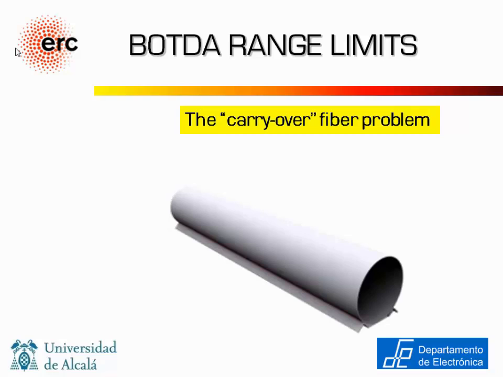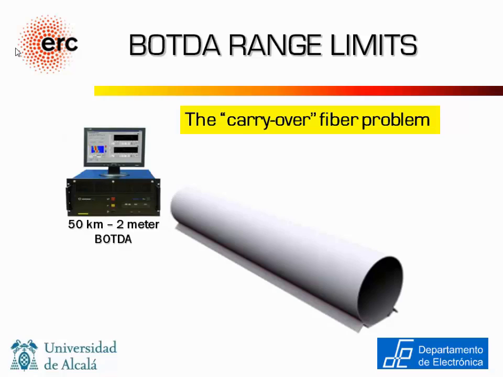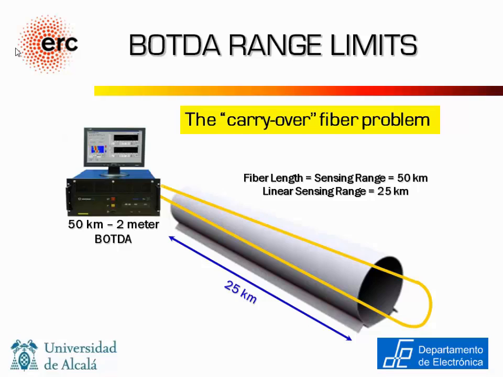So if you don't want to have any kind of active element all along your facility, and you have, let's say, a 50-kilometer range setup, which is a typical standard for commercial systems, then of course, if you cannot afford to put any kind of system there in the far end of the fiber, your range is limited by really half of the sensing range.